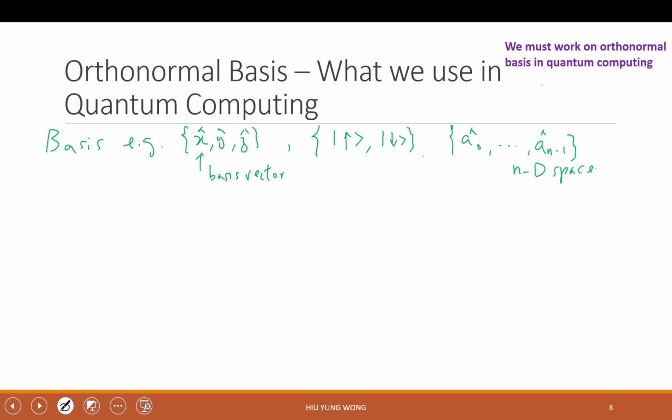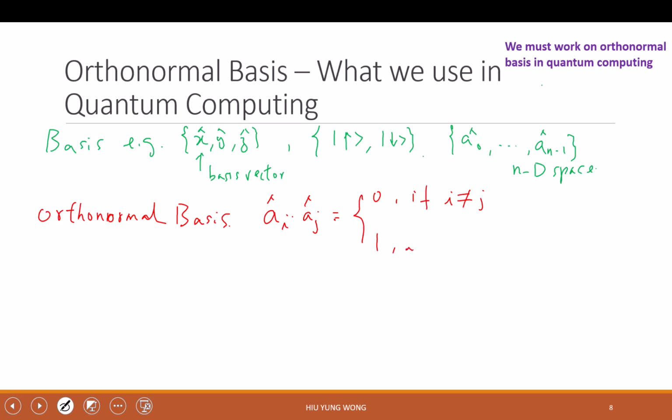Okay, so now what is the meaning of an orthonormal basis? We actually gave you an example already, but now we will give a more general definition of orthonormal basis. It means AI hat dot AJ hat equals 0 if I is not equal to J, and equals 1 if I equals J. What does it mean?